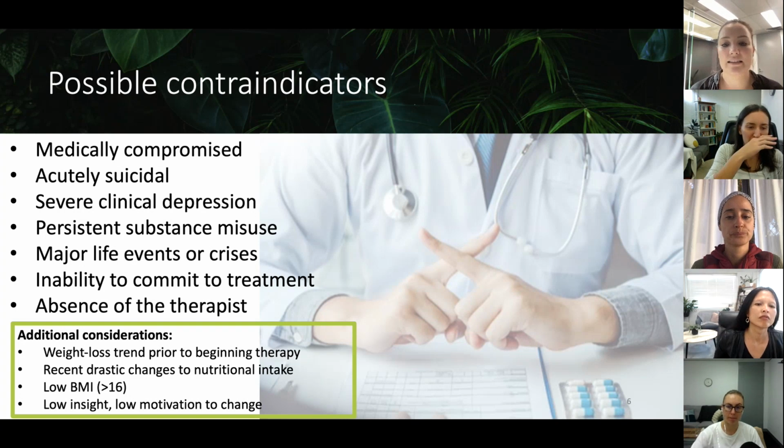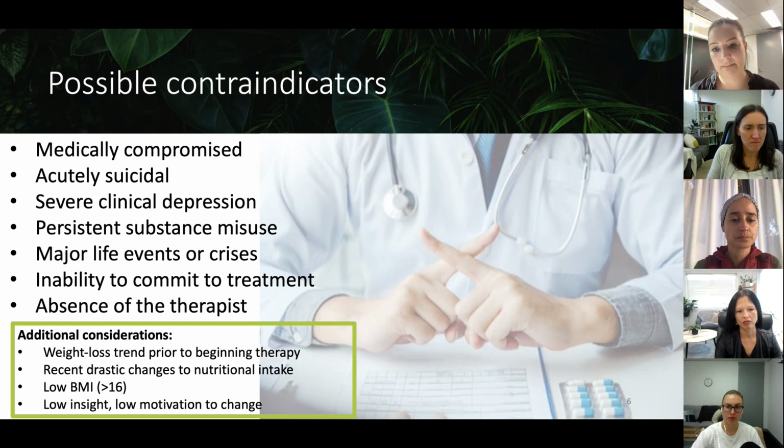And I suppose the other one to think about is our clients who present shortly after having had weight loss surgery. For us, we just ask that the person's weight is stable, that they're not continually, actively losing weight in treatment.